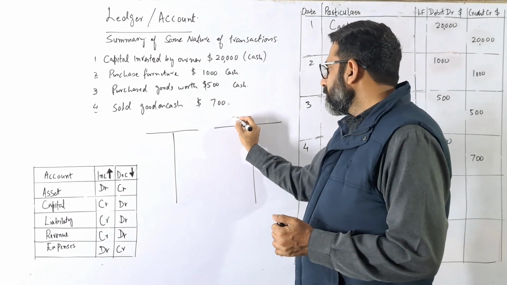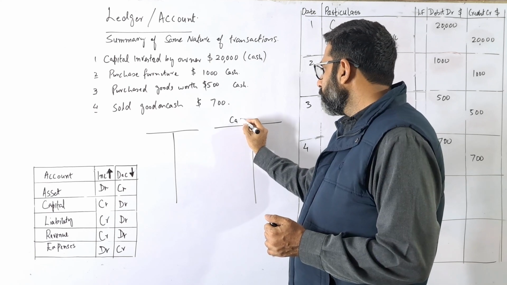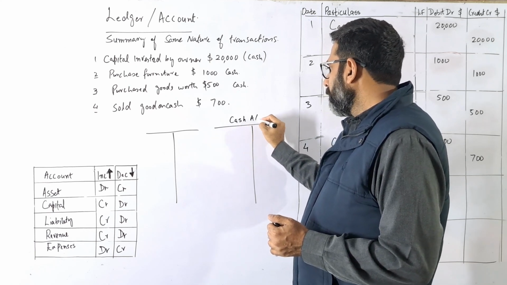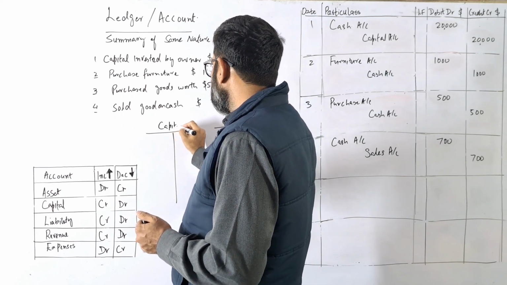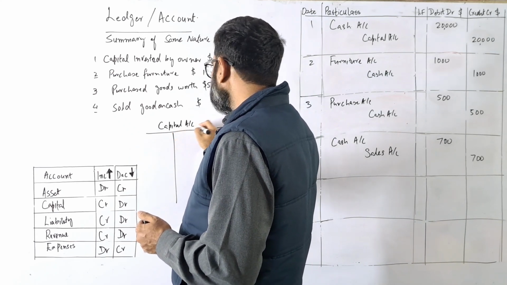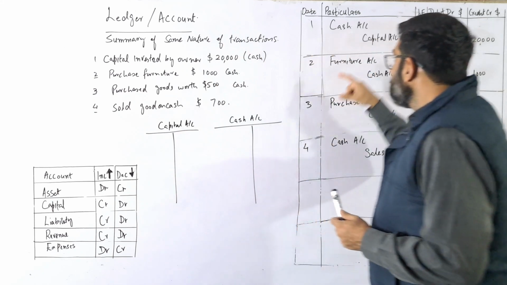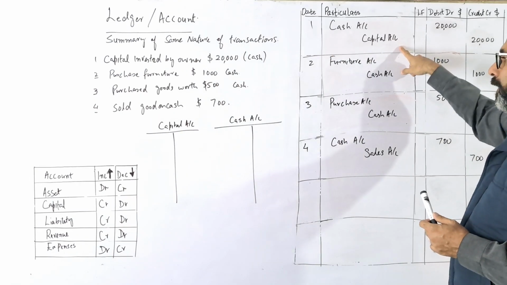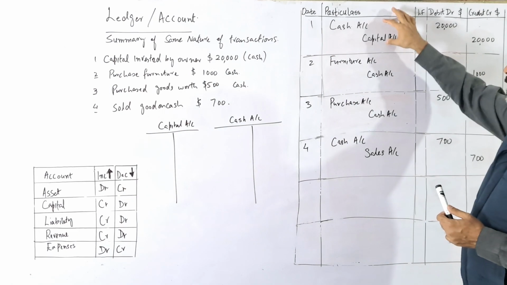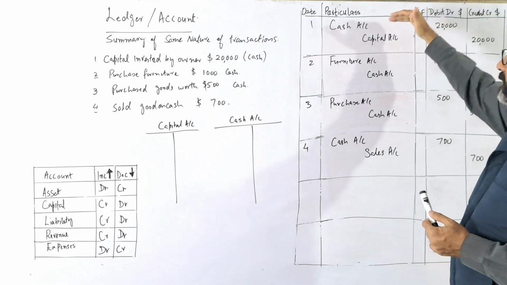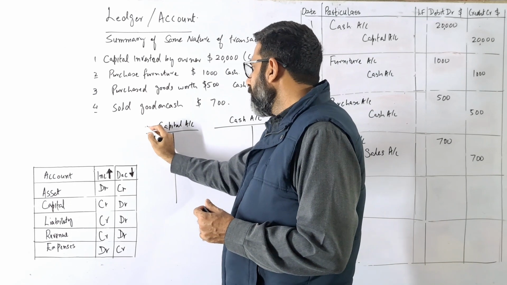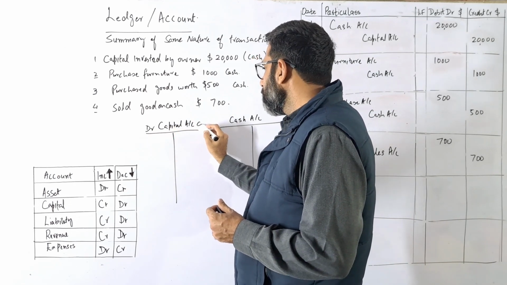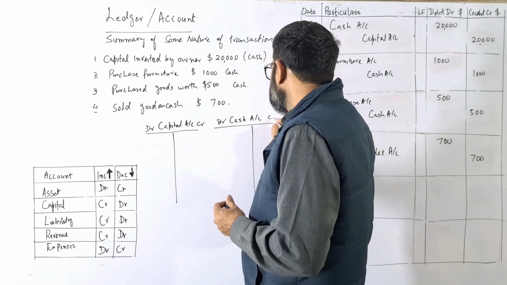Let's say we first write the cash account, and here we write the capital account. Now, in the first transaction we have 2 effects. One is the debit effect and one is the credit. So in the T account, this side is the debit side and this is the credit side, this is debit and this is credit.